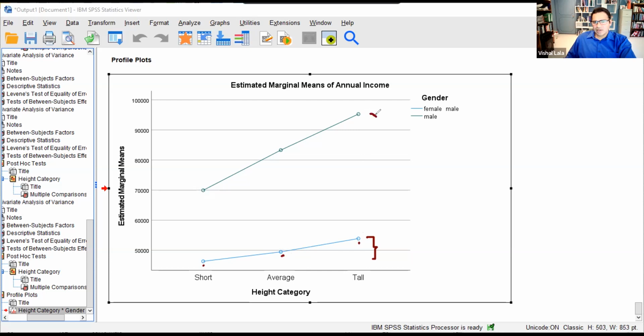Look at the green line, the line for males. For males, as you go from short to average to tall, there's a huge increase in earning. In other words, it seems like men have more to gain from being tall than do women, as far as salary is concerned.